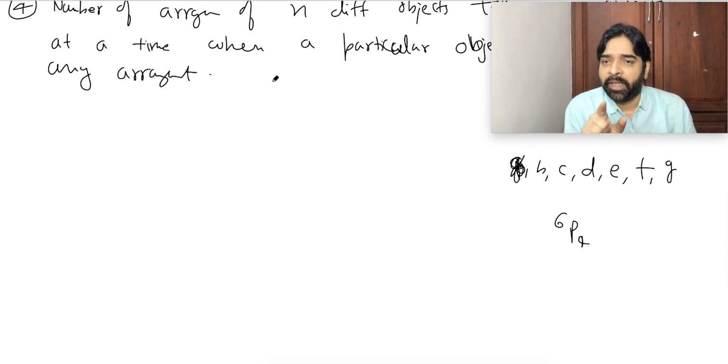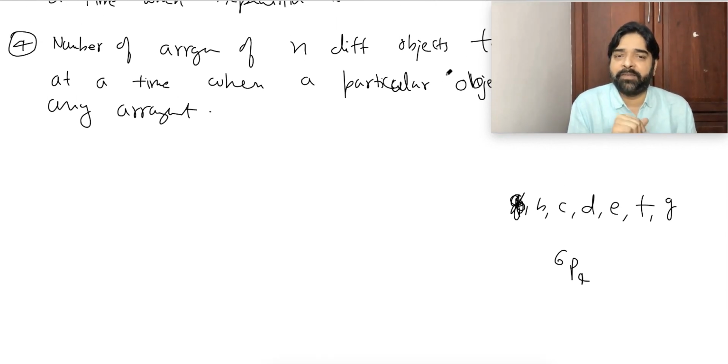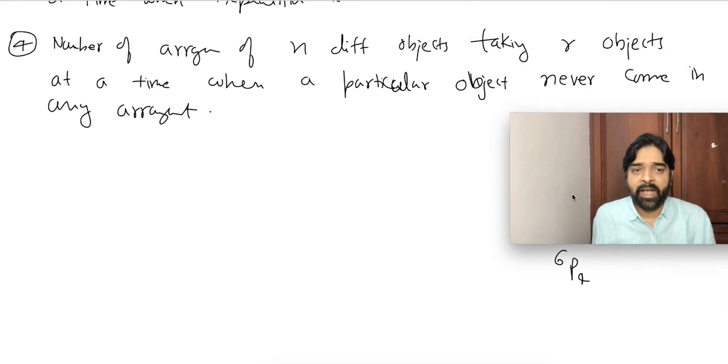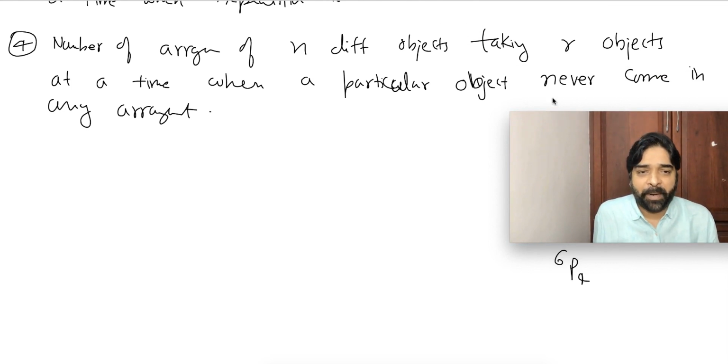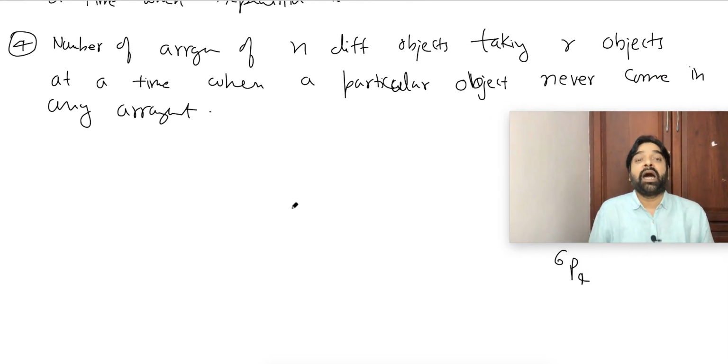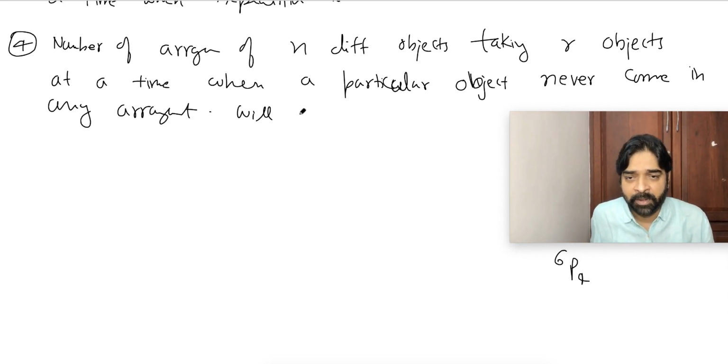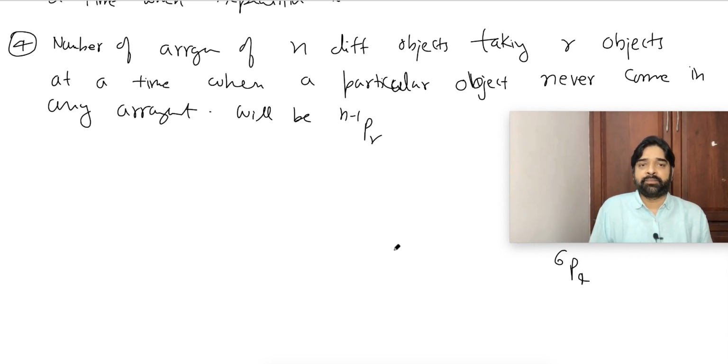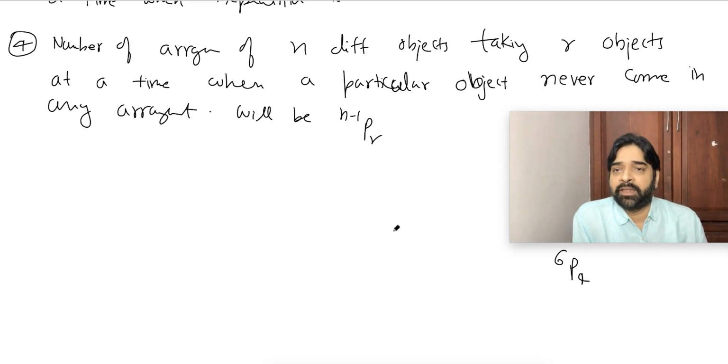Here, the number of arrangements of n different objects taking r objects at a time when a particular object never comes in any arrangement: that object which is not coming in any arrangement, remove from the set of objects. So how many objects are left? n minus 1. Still we have to arrange our objects. We'll say what? Speak out. n minus 1 PR. Did you understand?